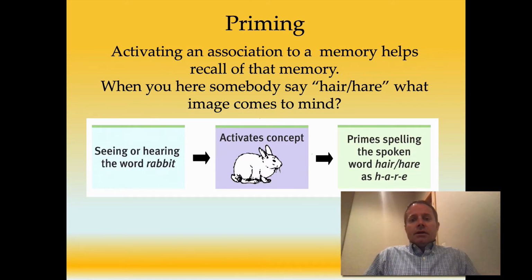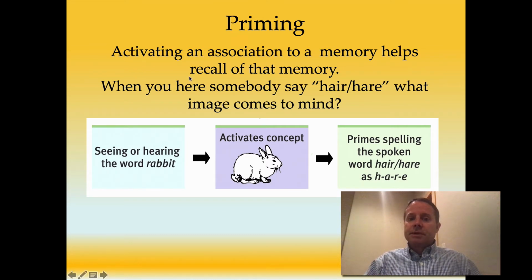Another example of this is something called priming. There's some interesting research. It's activating an association to a memory helps the recall of that memory. So if you say the word hair and you ask somebody to spell what they heard, they could either spell it H-A-I-R or H-A-R-E.